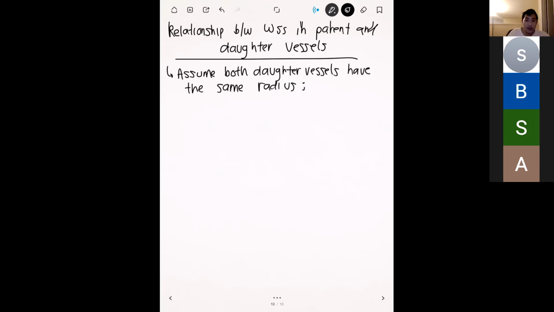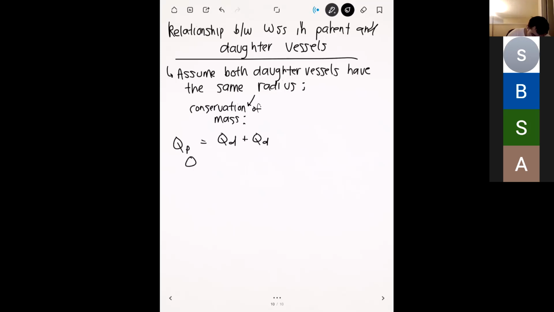Okay. And so both daughters have the same radius. Then if we apply conservation of mass, okay, then we have QP is equal to QD plus QD. Okay, because if both have the same radius, then they're going to have the same amount of flow that goes to them.